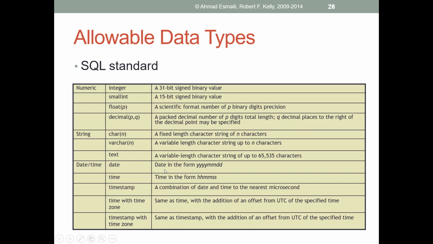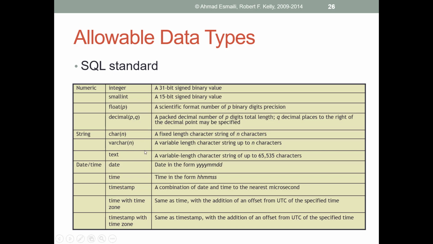Now for strings you have char and varchar. Char is interesting: if you say character 10, it doesn't matter whether you have 10 characters or fewer, it will anyway use 10 characters for your attribute. That is efficient in terms of speed, but not in terms of space. It will waste space if you don't have a string of that length.